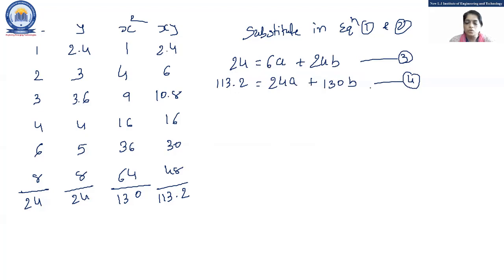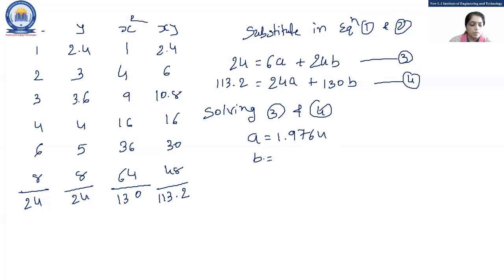Now we are going to solve equation 3 and 4 by elimination method. And by solving, we get the value of A and B, and that is A equal to 1.9764 and B is 0.5059.